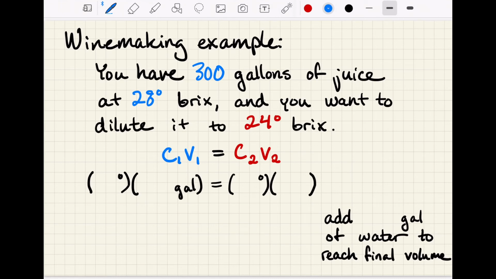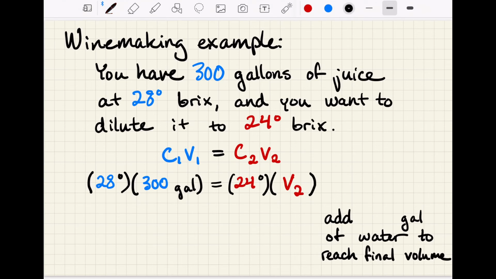Our starting concentration is 28 Brix, and our starting volume is 300 gallons. And then our ending concentration, we want to be 24 degrees Brix. And the piece of information that we are missing here is our ending volume. We don't know what that final volume is going to be, so we are solving for V2.